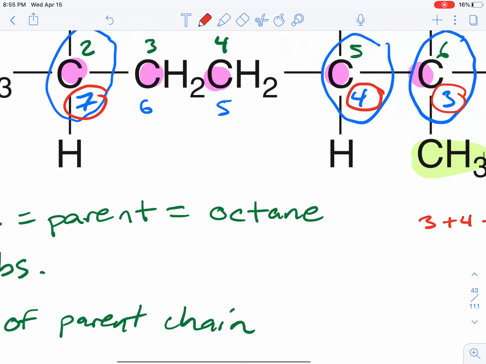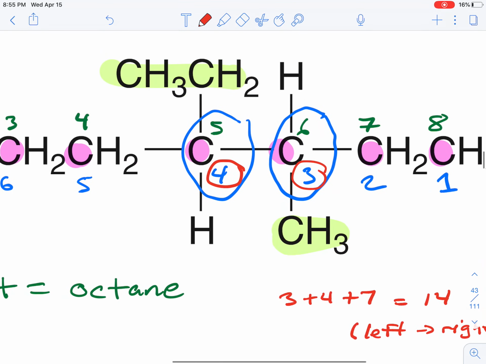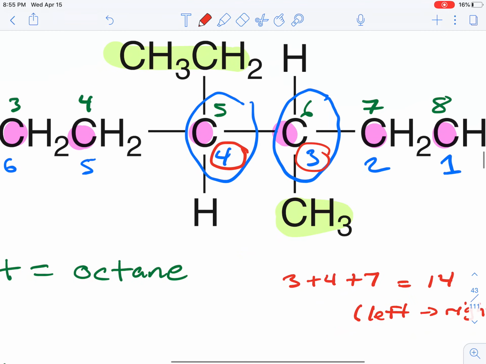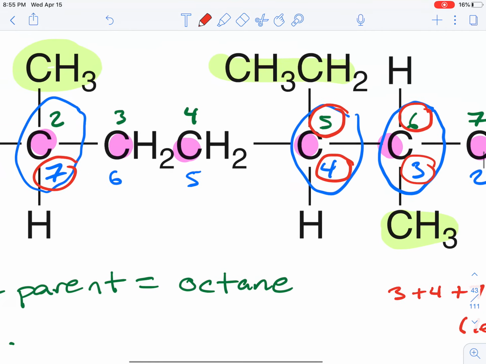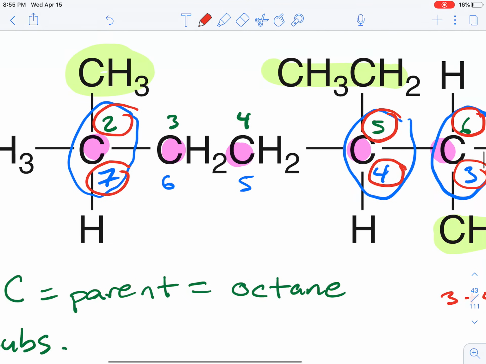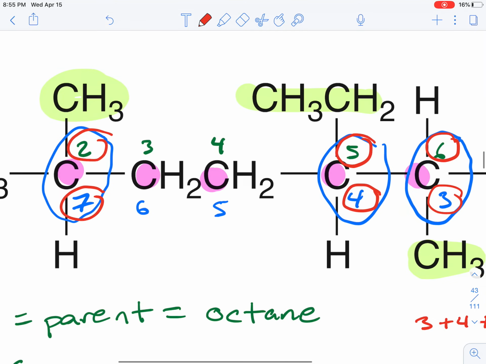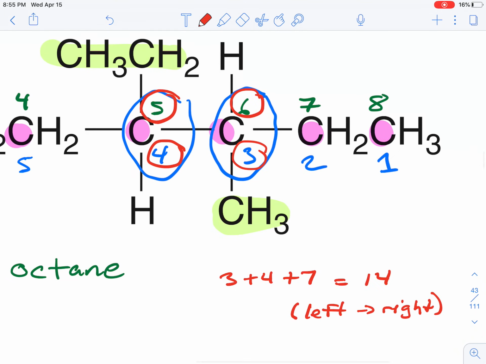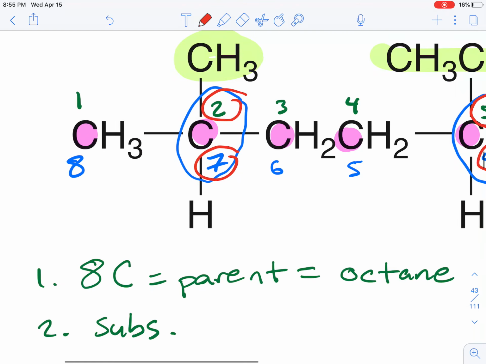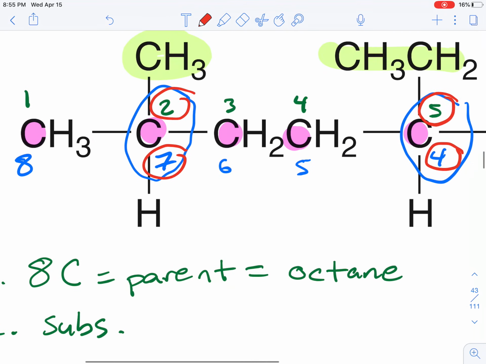Now if I go from right to left, I have 6, 5, and 2. Or I'm sorry. If I go from left to right, so the green.